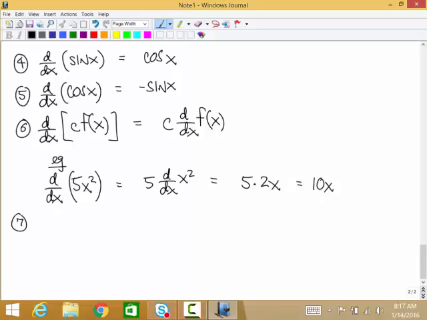Seventh one, we're only going up to 9, so we're getting there. Derivative of 2 functions added together is the sum of the individual derivatives.